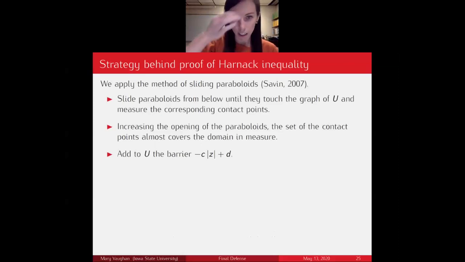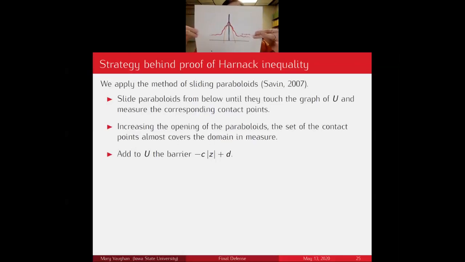The first thing we do here is we don't want our contact points to happen on the set z equals 0, because at z equals 0 we have the Neumann condition. So what we do is we add this barrier, which is negative a constant times the absolute value of z, plus d. What this does is it lowers the function down around z equals 0, and we show that you cannot touch at z equals 0 by a C^1 function from below.